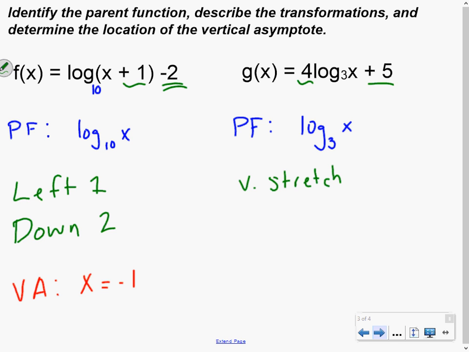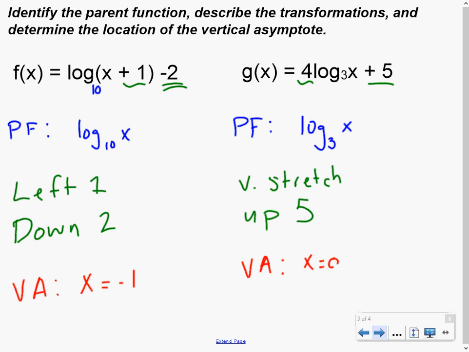If you look at the example on the left, that x plus 1 was contained in parentheses. That's what gives it away as being a horizontal translation. If you don't see that, like we have for the second one, the plus 5 is going to be a vertical translation up 5 units. Since we didn't have any horizontal translations, it wasn't moved left or right at all, that means the vertical asymptote hasn't moved. The vertical asymptote is going to stay right where it was for the parent function, which is at x equals 0.